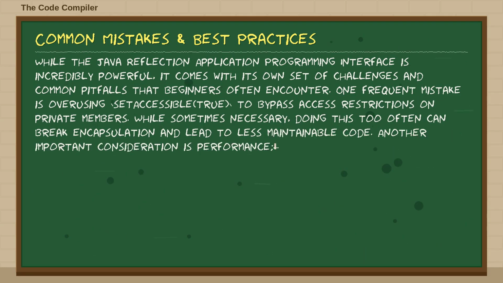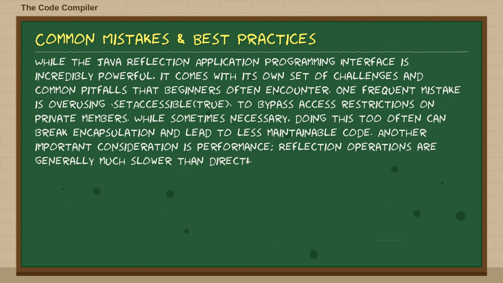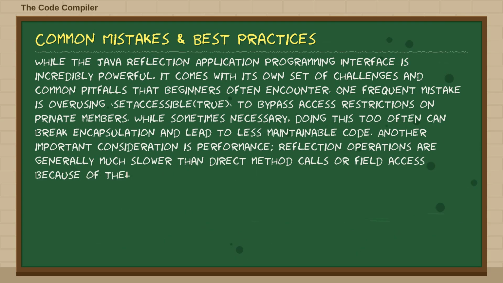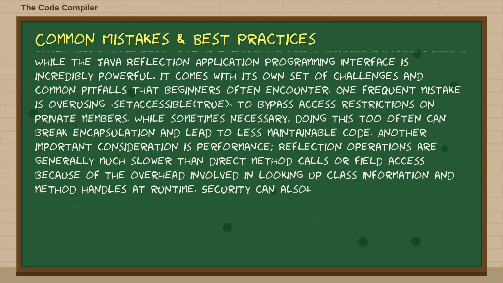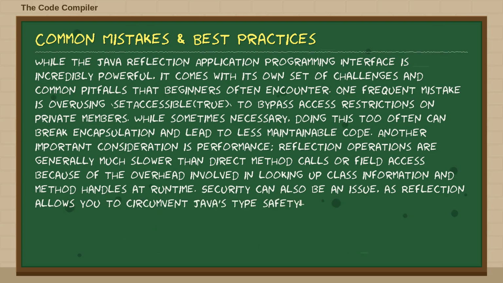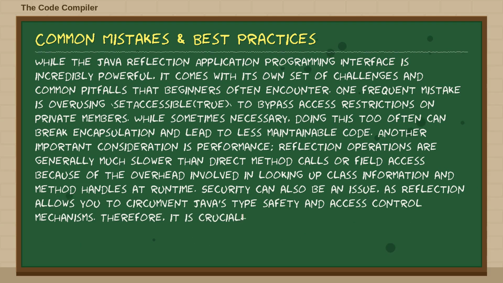Another important consideration is performance. Reflection operations are generally much slower than direct method calls or field access because of the overhead involved in looking up class information and method handles at runtime. Security can also be an issue, as reflection allows you to circumvent Java's tight safety and access control mechanisms.